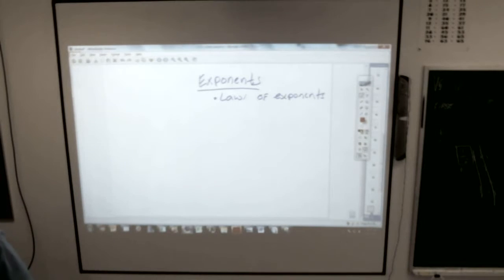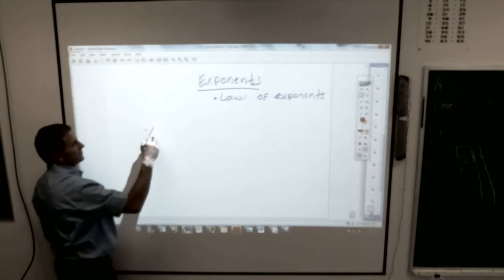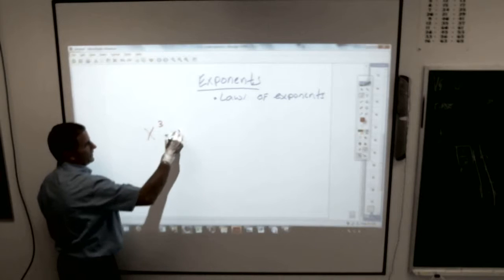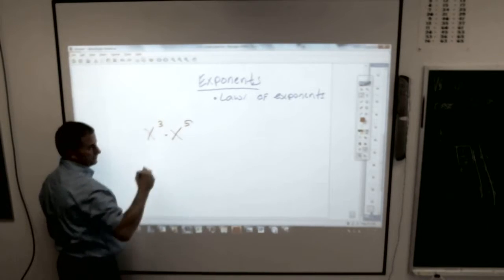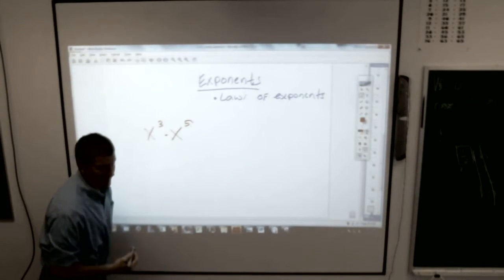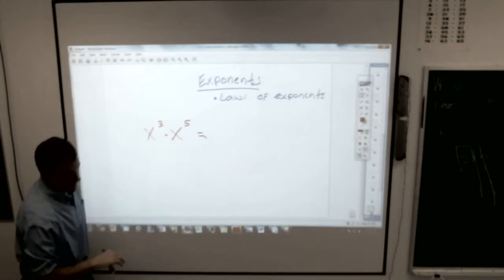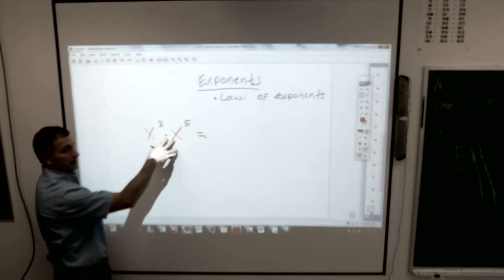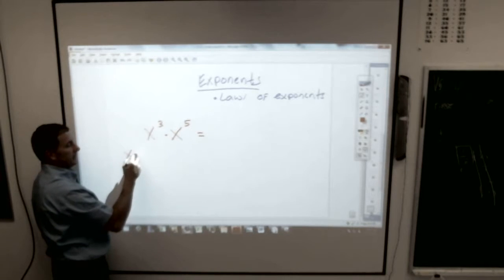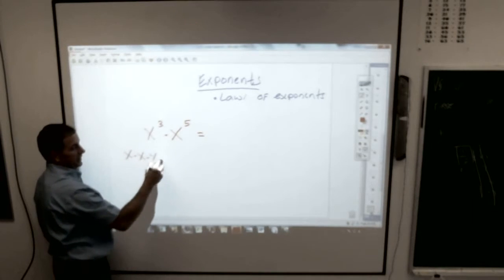The first thing, if you are multiplying, let's say I have x to the third power times x to the fifth power, and I am simplifying that, combining that. What do I get? Here I want you to look at this. X to the third power means you have x times x times x.